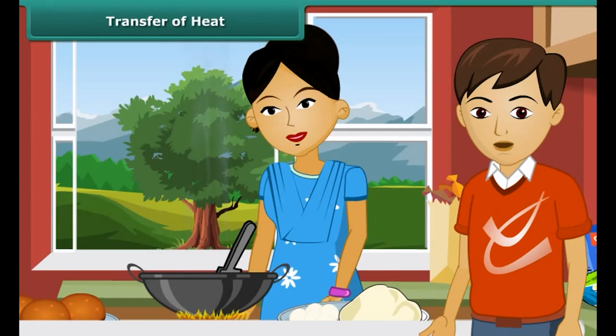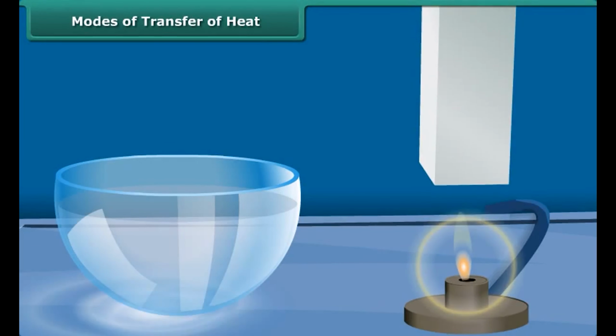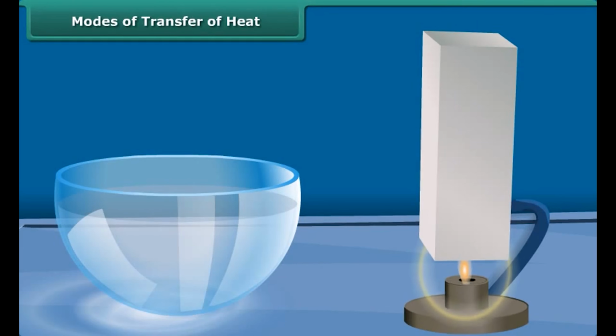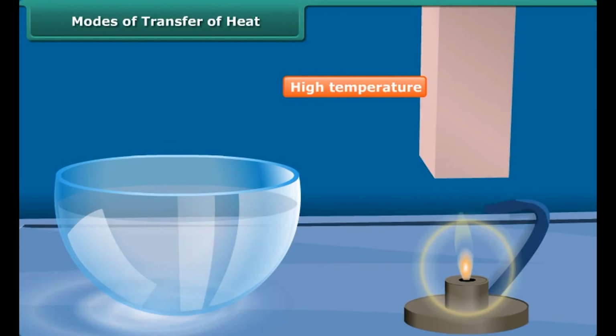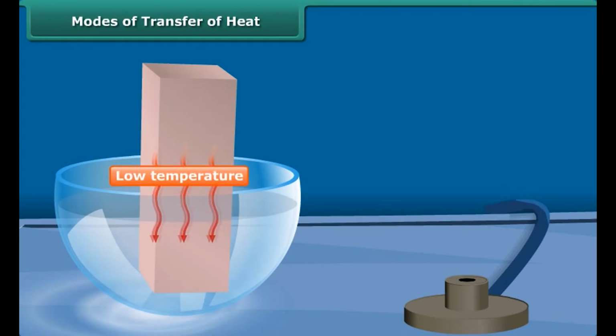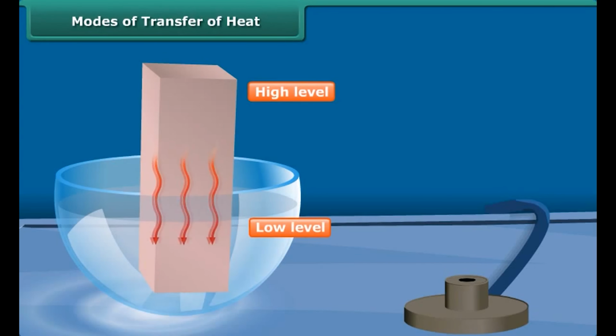When bodies gain heat, their temperature rises. There is a mutual exchange of heat between bodies at different temperatures. Flow of heat takes place in a particular direction, that is, from bodies at higher temperature to bodies at a lower temperature, as water flows from a higher to a lower level.